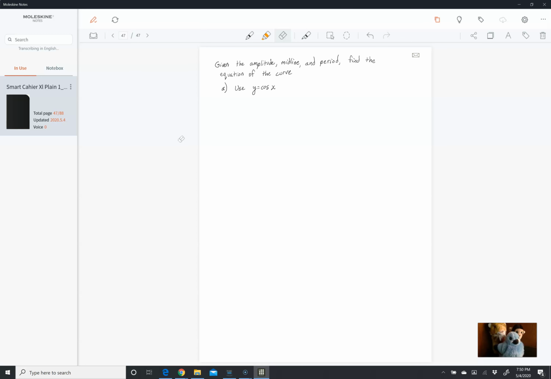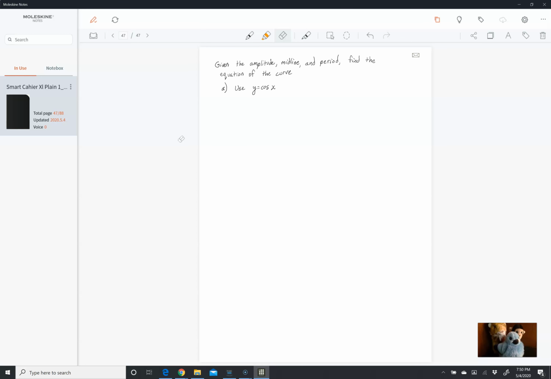We haven't really talked about this, but this would be called your parent function. Parent function is a function before you transform it, before you do any sort of vertical stretch, vertical shrink, any sort of dilation, translation, or reflection. So y equals cosine of x would be your parent graph.